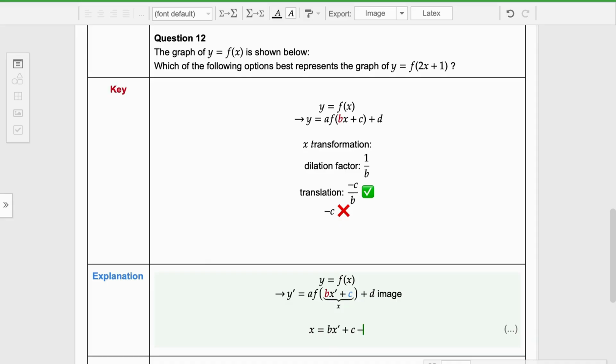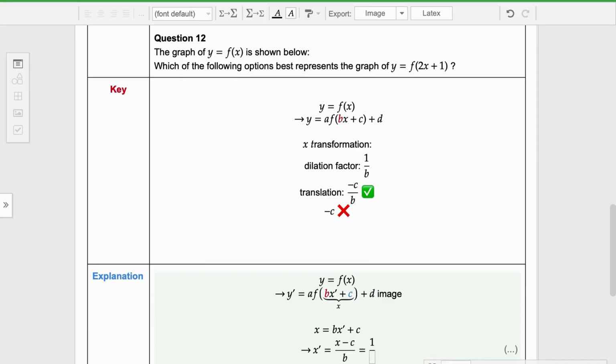We can rearrange the equation, and x dash will be x minus c divided by b, and you can break it down into two fractions: 1 divided by b times x, and then minus c on b.